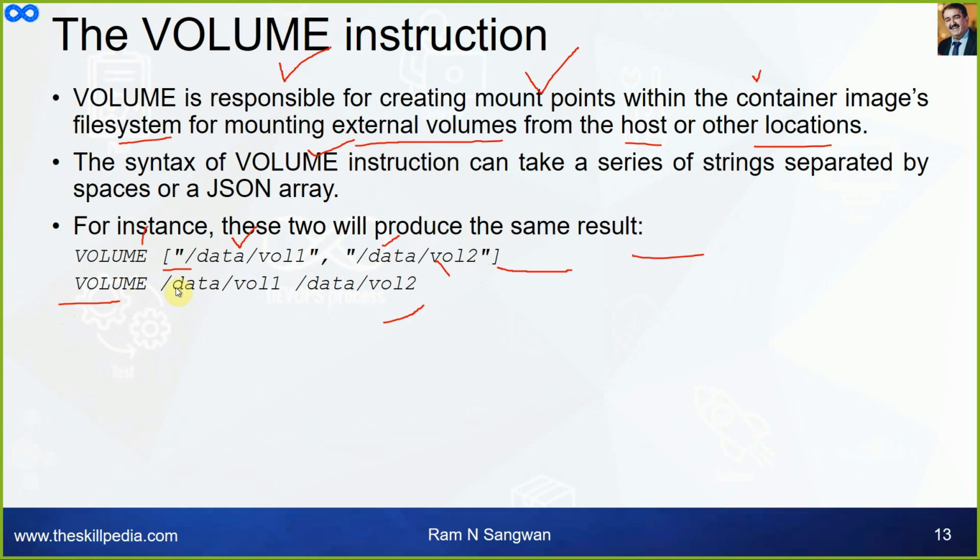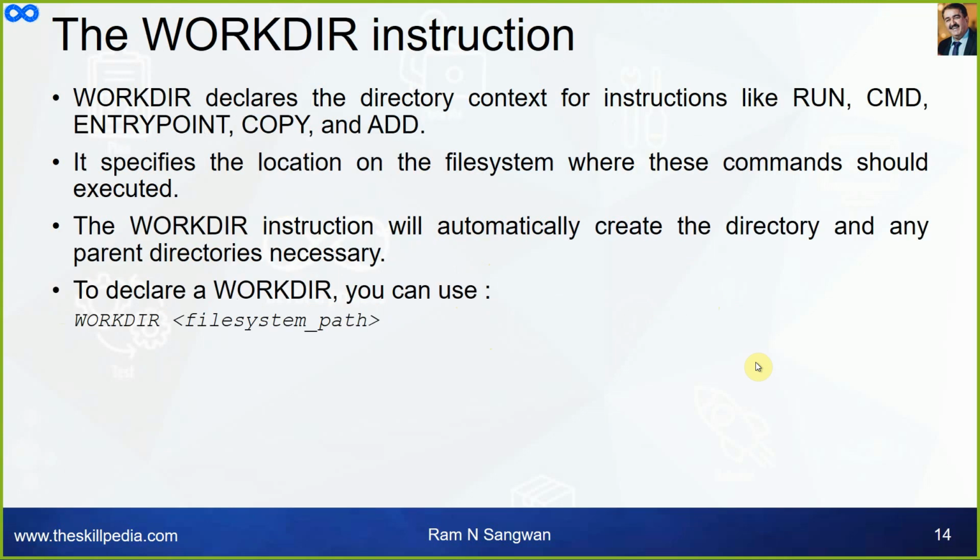The second syntax is also valid, without double quotes, without commas. You simply specify data volume 1, data volume 2, space, data volume 3, data volume 4, and so on and so forth. So with or without space, with the JSON format or without JSON format, both formats are valid for the volume instruction.